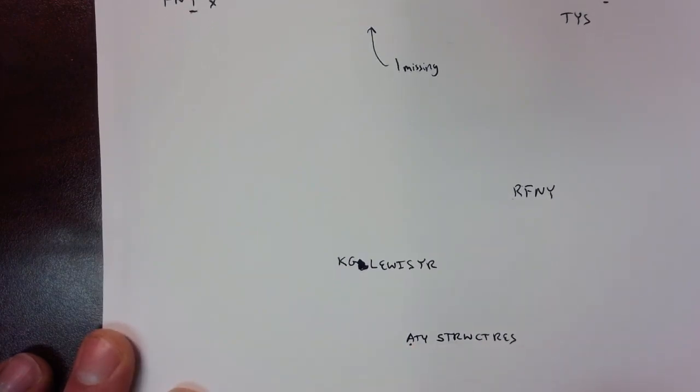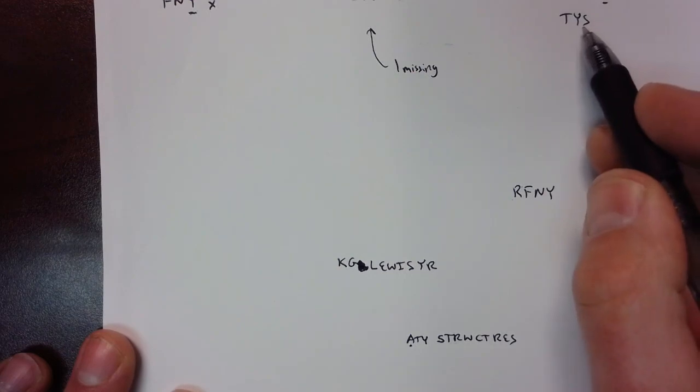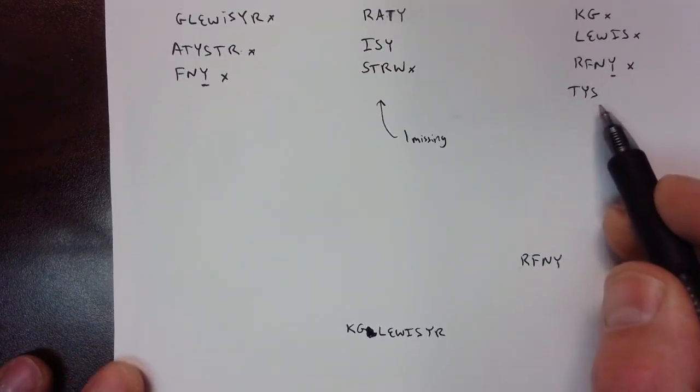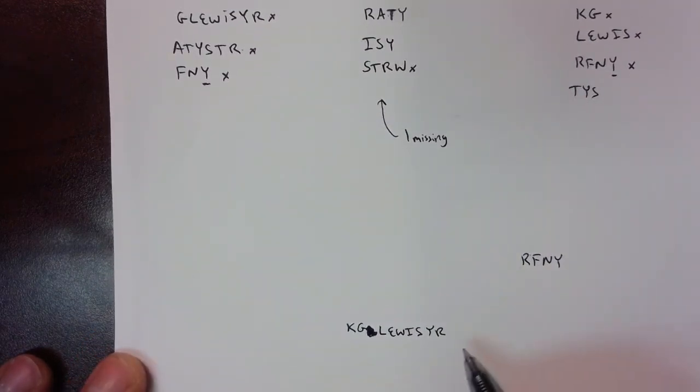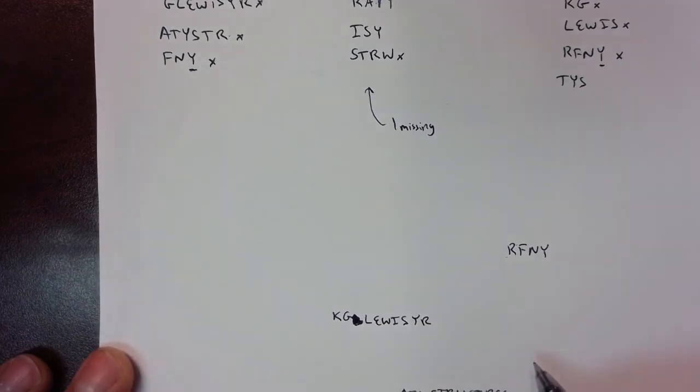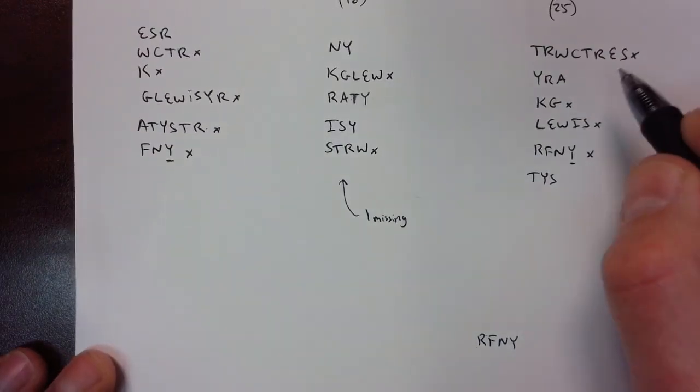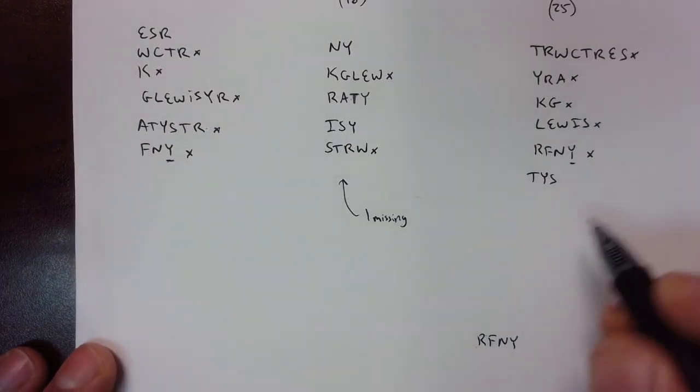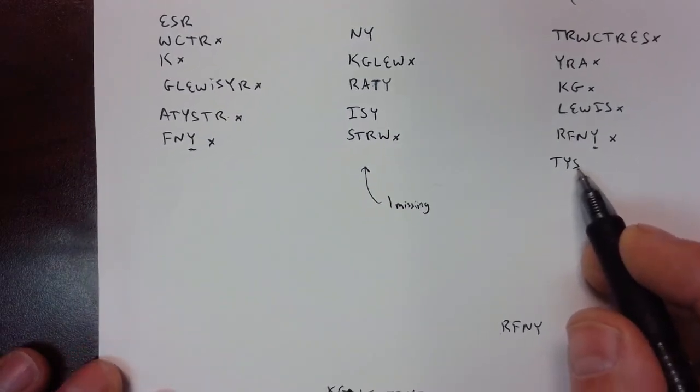Okay, so maybe that's where the two connect. But where's this TYS coming in? TYS. Let's go ahead and fill in that YRA. Come back to that TYS, see if we can find where that one's at.